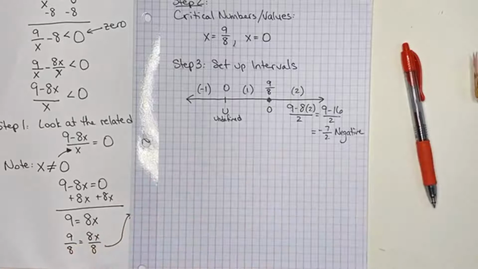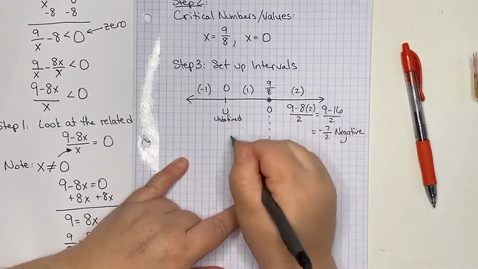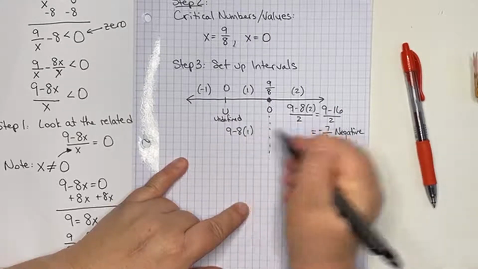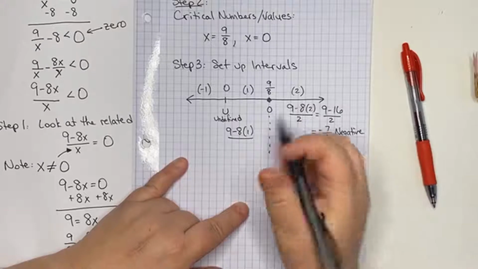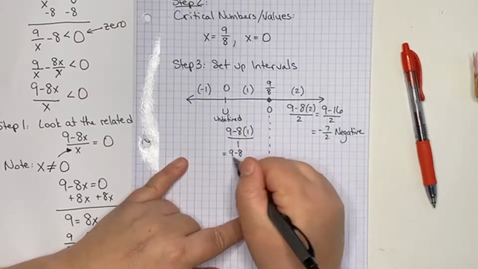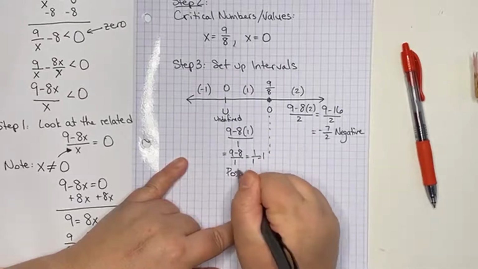Okay. Here in the middle, 9 minus 8 times 1 all over 1 is going to be 9 minus 8 over 1, which is 1 over 1, which is 1, which is positive.